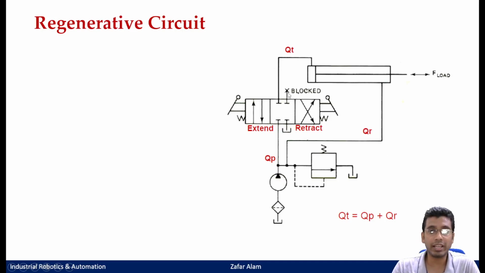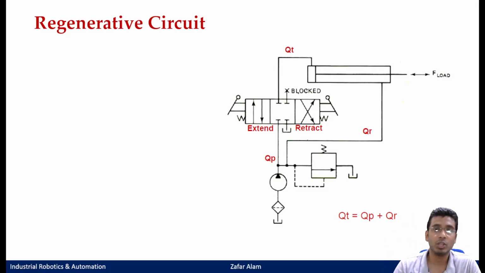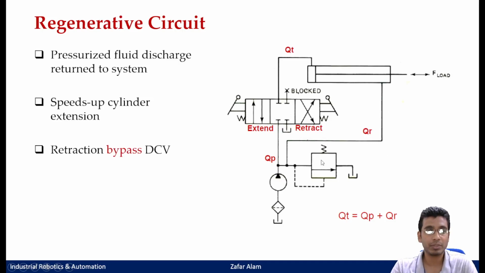Since the cylinder has to extend, there has to be a return flow of fluid. So what would happen? The return line is actually fed to the pump flow itself. The pressurized fluid discharge is returned to the system.